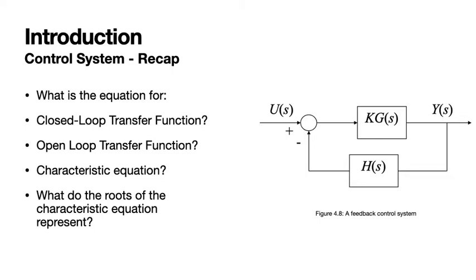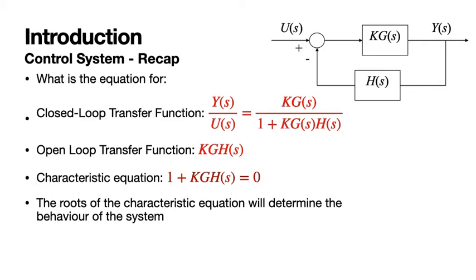Okay, class, let us look at the solutions. For the feedback control system shown in the figure, the closed loop transfer function is actually KG(s) over 1 plus KG(s)H(s).